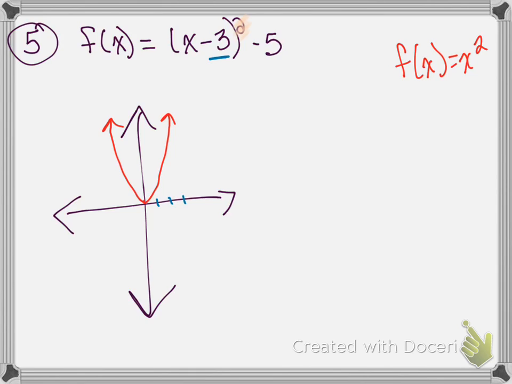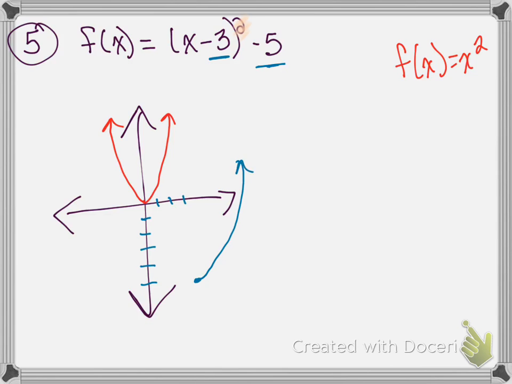We're not doing minus, we're doing the opposite. This is our x and y value, and the minus 5 is true to value, so we're going to go down 2, 3, 4, 5. So my vertex is positive 3, negative 5, and then we follow the shape of our parent function.